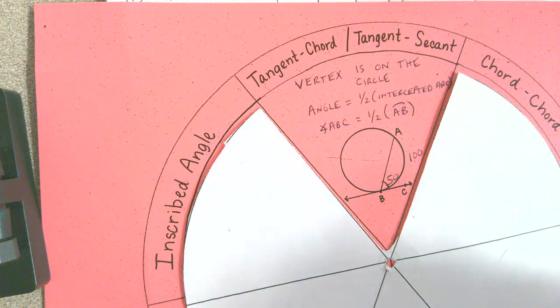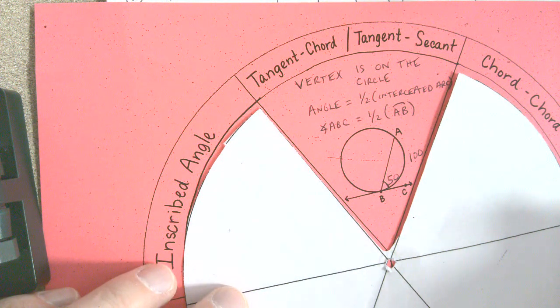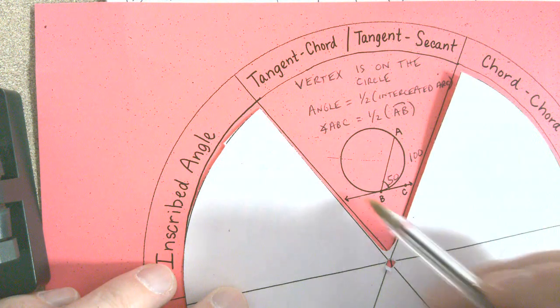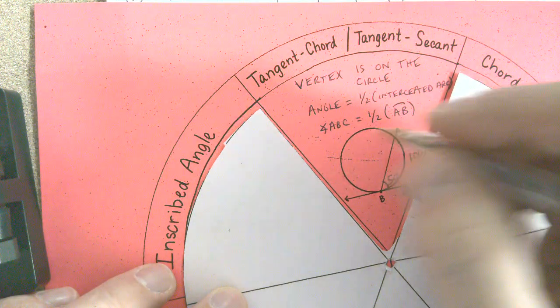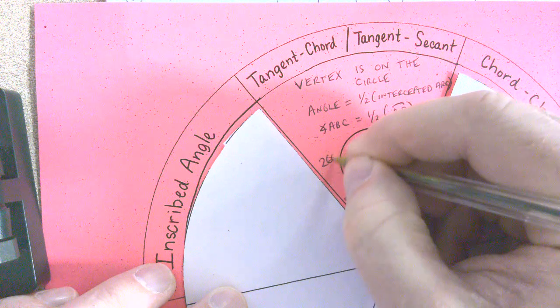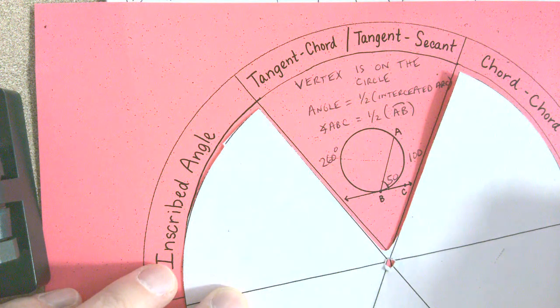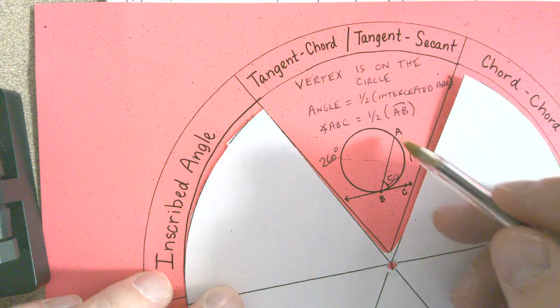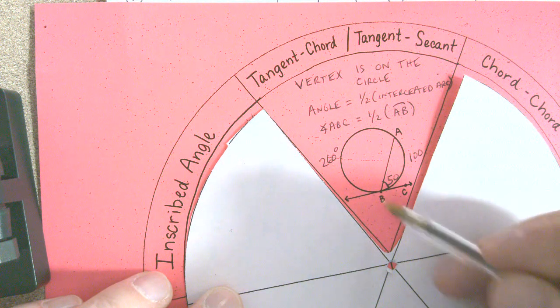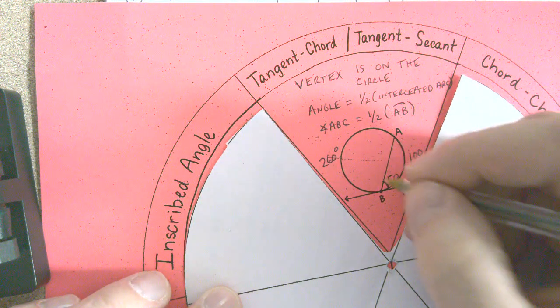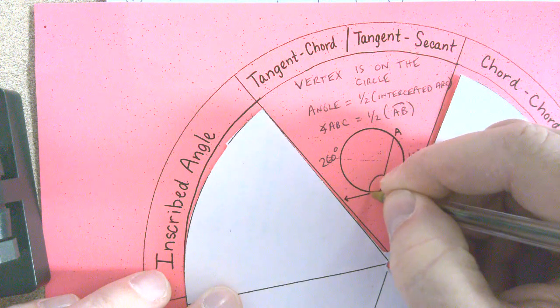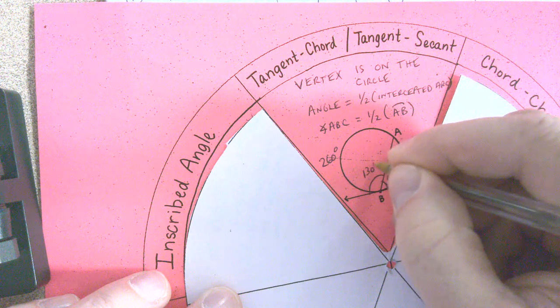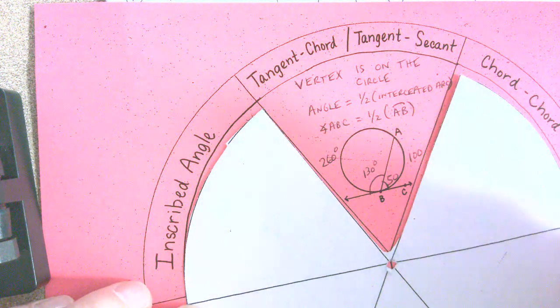Again, we can also look at the angle on the left. If I told you that the major arc AB, let's say, is 260, then we could also identify that angle B on the left side would be 130 degrees, just 1/2 of that 260.